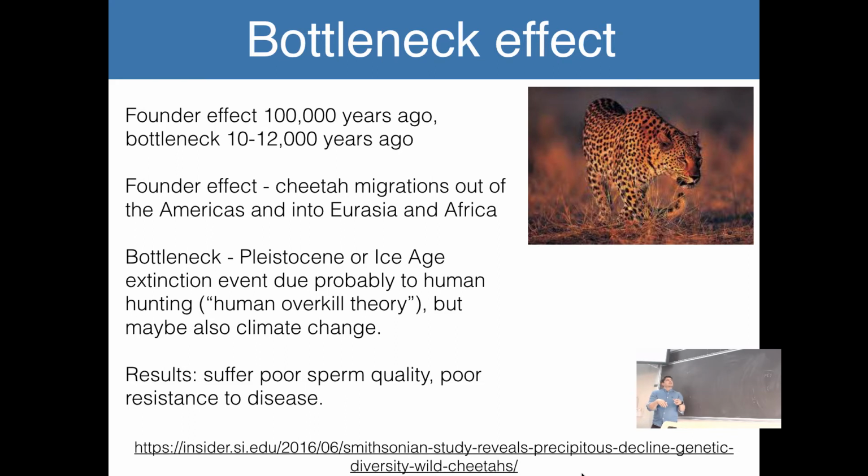There's this delightfully named theory, the human overkill theory, for extinction of large species like this. They almost drove the cheetah to extinction. The cheetah was driven to extinction in North America.